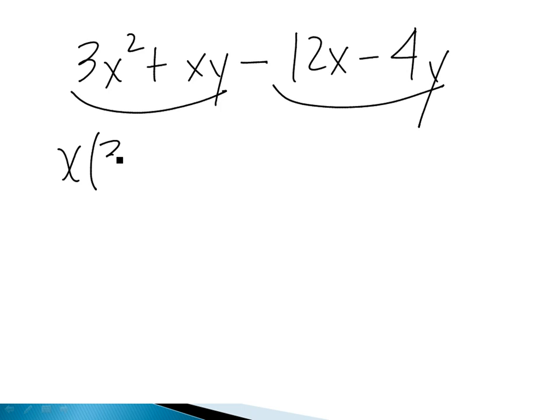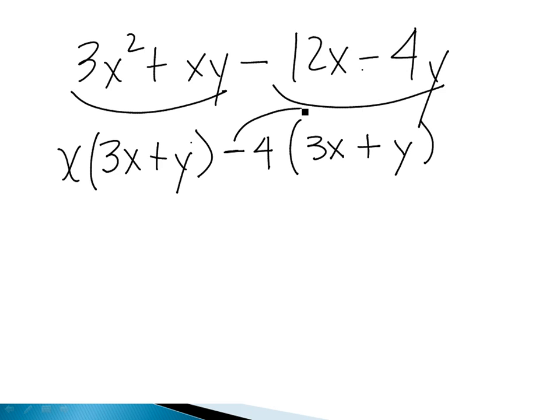And we'll have 3x plus y left. Over here, notice that you can factor out a minus 4. And that'll leave you with 3x plus y. Because that negative times that positive must give you that minus. So you couldn't put minus there.